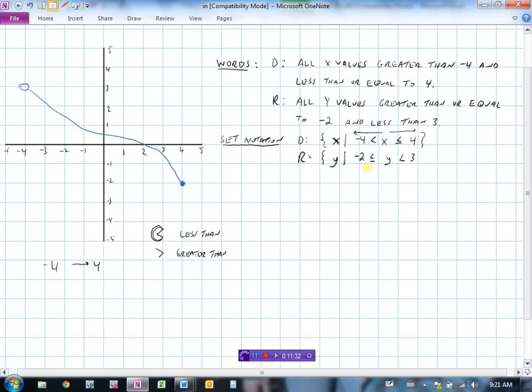So now we have all the y values greater than or equal to -2, but less than 3. So all the y values from, and close the bracket off. So the range would be all the y values such that y is greater than or equal to -2 and y is less than 3. So that's set notation. Yet another way we could describe the domain and range of this function is we could use a number line.